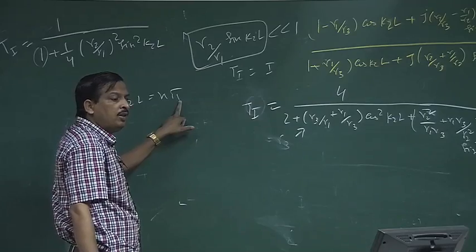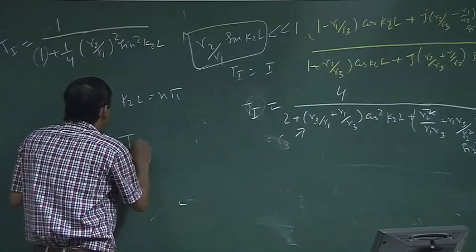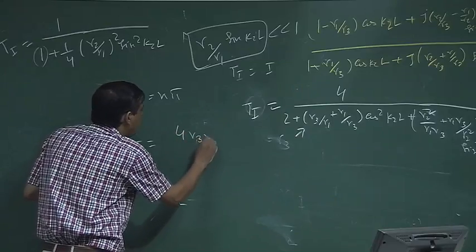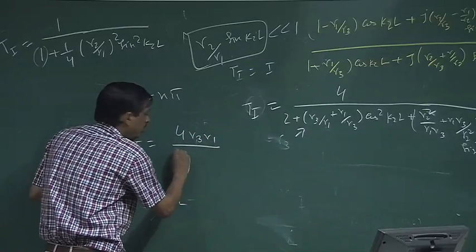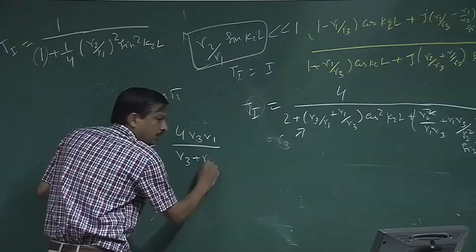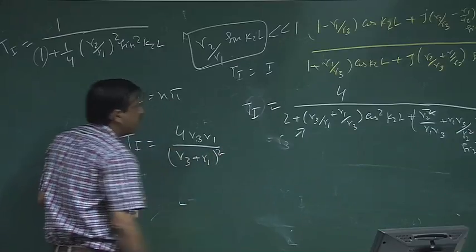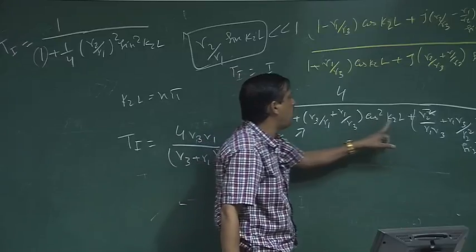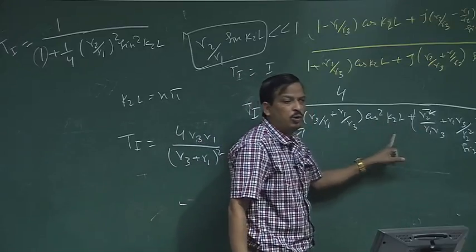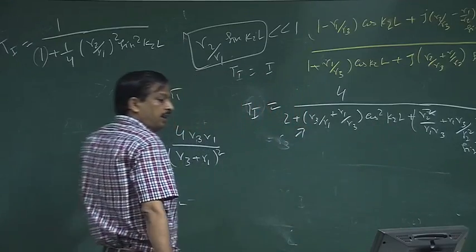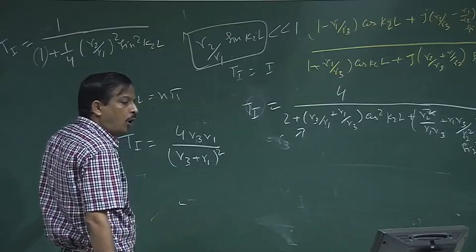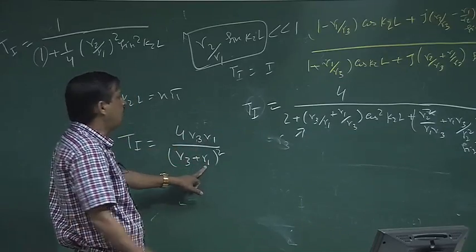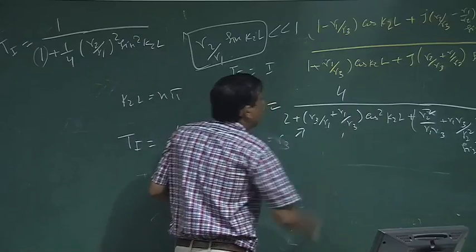Then Ti will be 4 R3 by R1 divided by R3 plus R1 whole square. When I put K2L equal to n pi in this equation, I get Ti as 4 R3 into R1 divided by R3 plus R1, because this term will be 0.